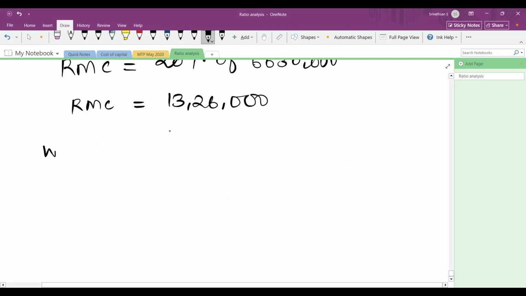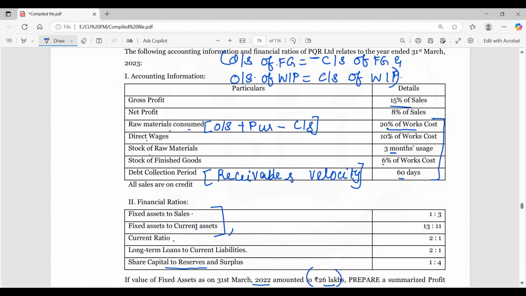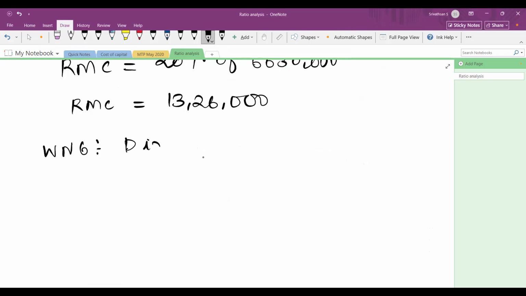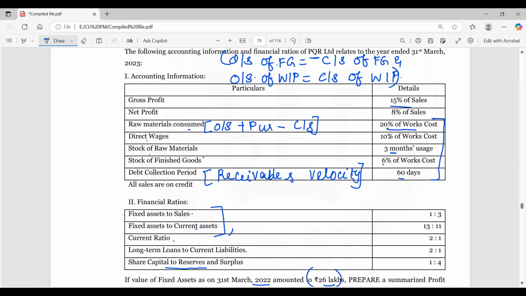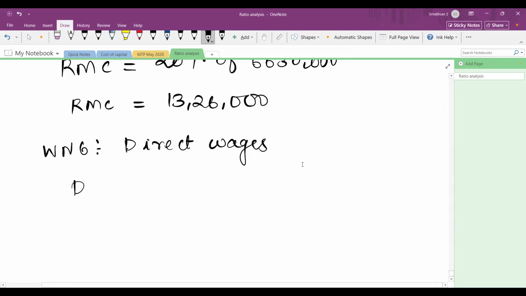Next, working note number 6. We can calculate direct wages. What is the amount of direct wages? It is 10% of works cost.